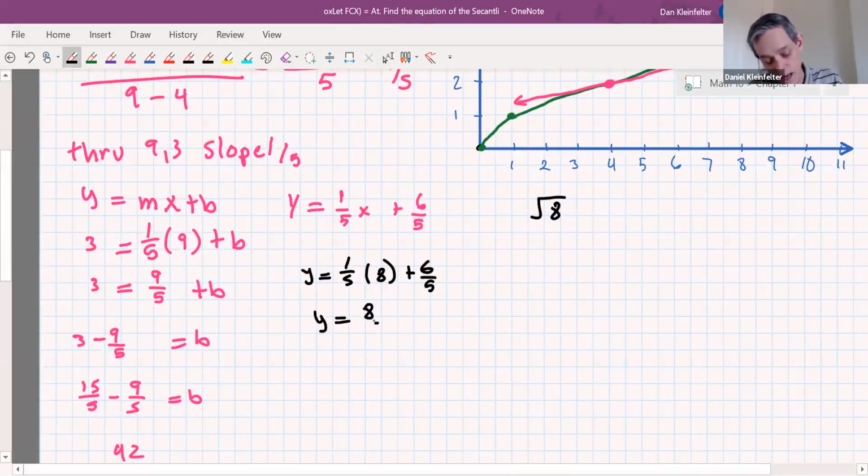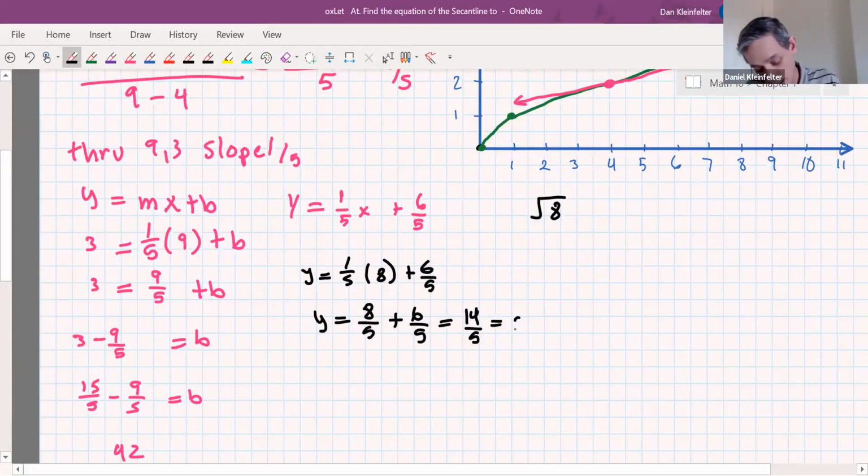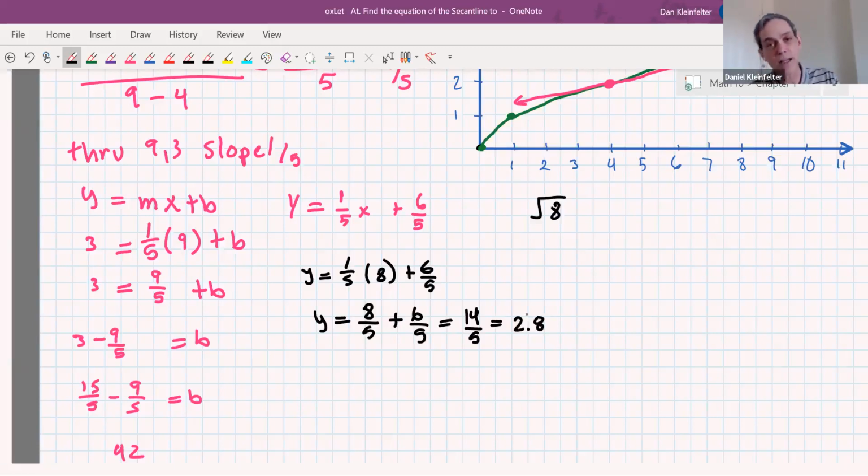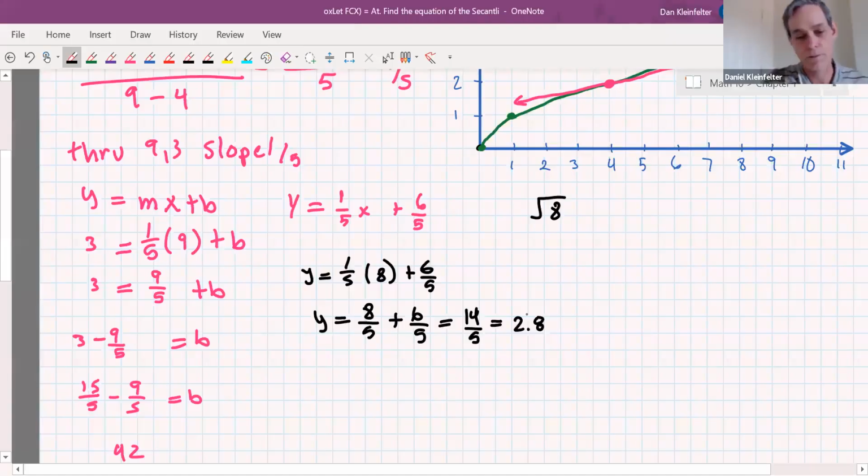So y will be 8/5 plus 6/5, and that's equal to 14/5. 14/5 is 2.8 if you like decimals better. And so we want to see using a calculator what the square root of 8 is approximately. So using my calculator, I have the square root of 8 is approximately 2.828. Okay, which is pretty good.